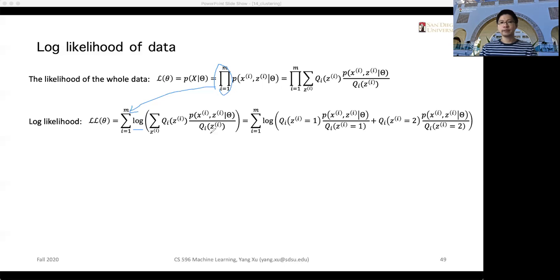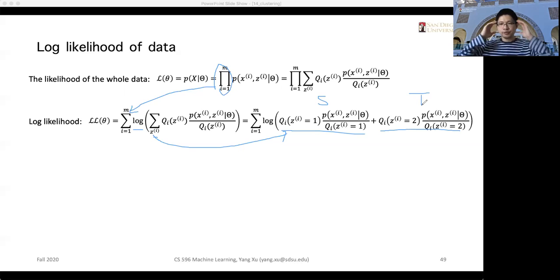It's the logarithm of a summation, but this time we cannot eliminate the logarithm; it eliminates the summation here. The summation needs to exist because it's the logarithm of the summation. And luckily, we only have two possible outcomes. So we expand the summation explicitly. It's just the case of z equals 1 plus the case of z equals 2. It's either salmon or tuna. So this is the log likelihood.